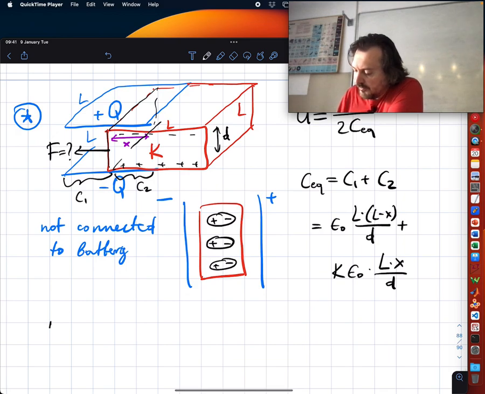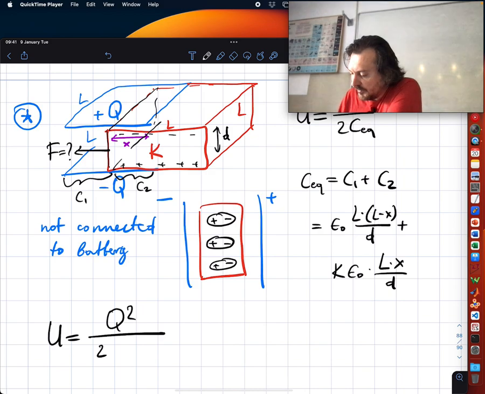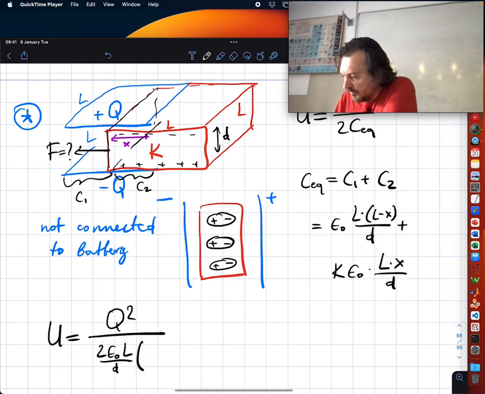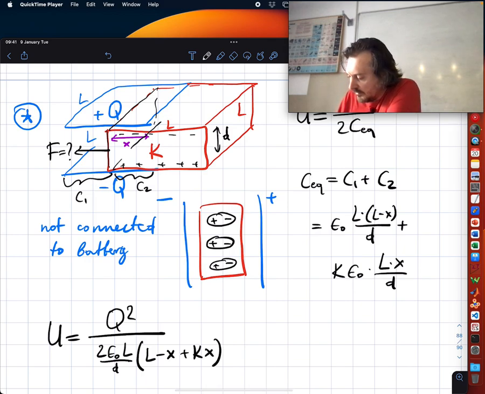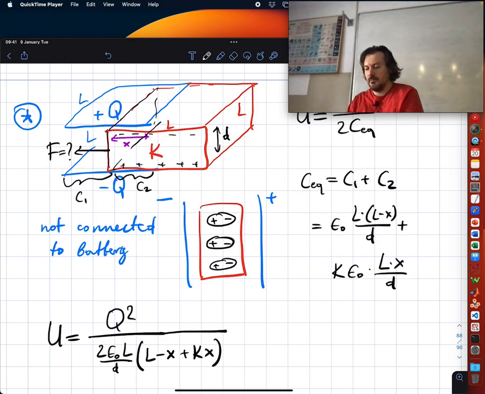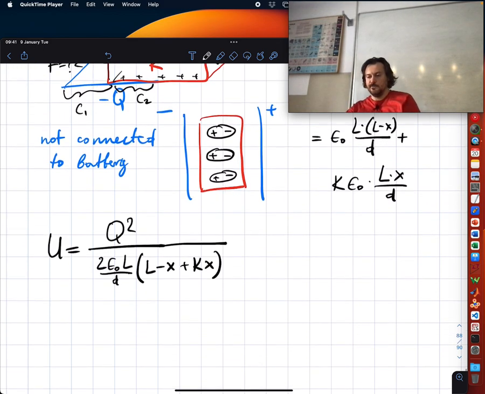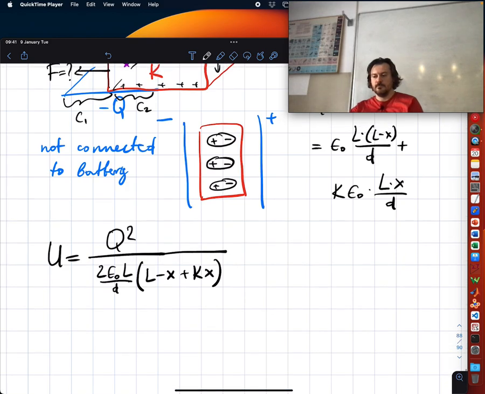So your energy is Q squared over 2 times epsilon 0 L over D times, help me out if I make a mistake, L minus X plus KX. Did I make a mistake? Is it fine?